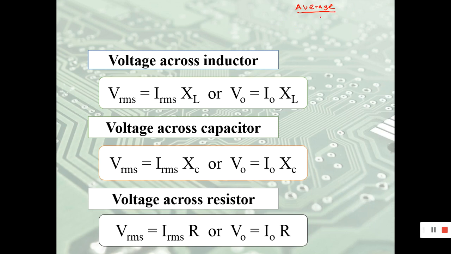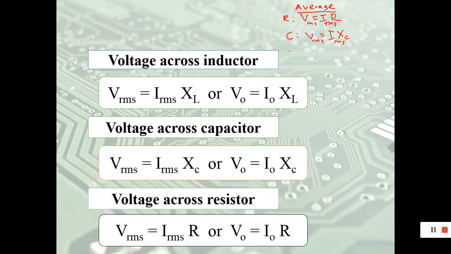Okay, if you want to find the average, so let's say for the resistor, the average is V equals IR, but here for V we will use V RMS, I RMS. Okay, if you use the capacitor, V equals I times XC, but V here will be V RMS and I RMS.